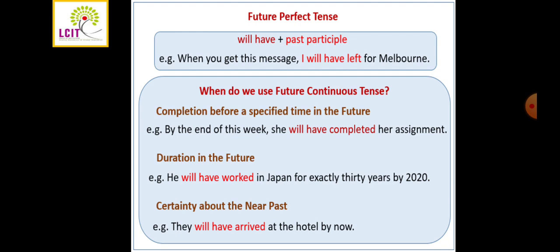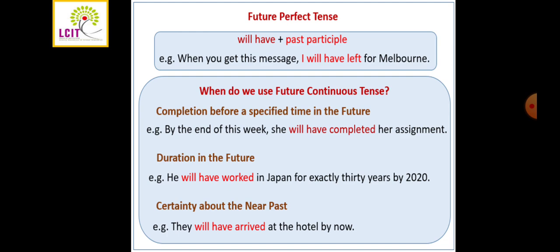The tense is normally used with a time expression beginning with by, such as by that time, by then or by next week. So some examples: by next week we shall have reached an agreement regarding the factory, or they will have completed the assignment by next summer.